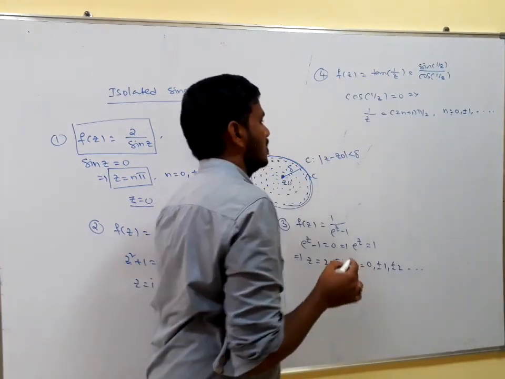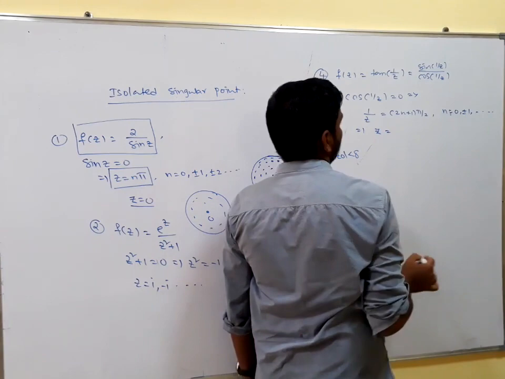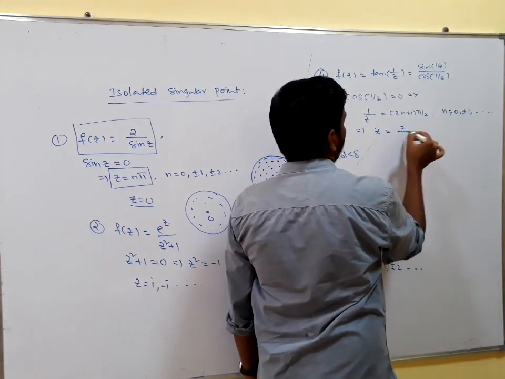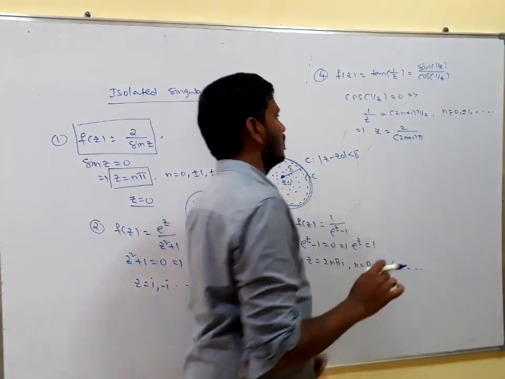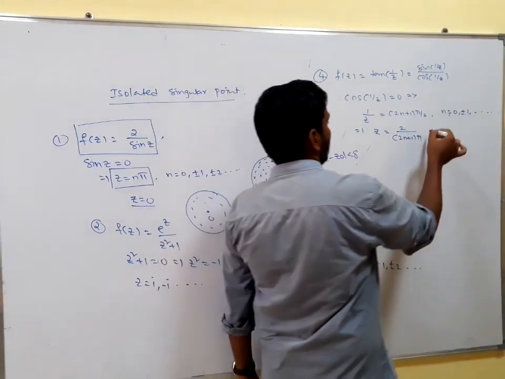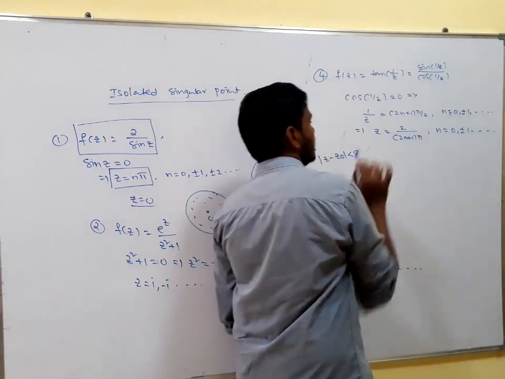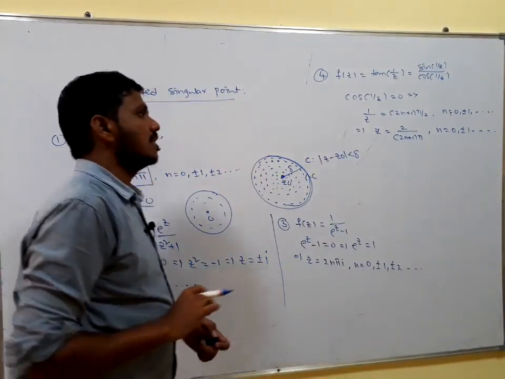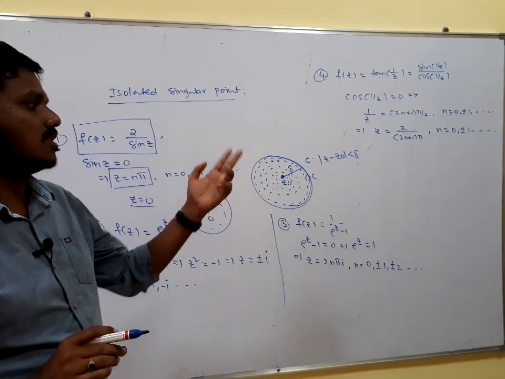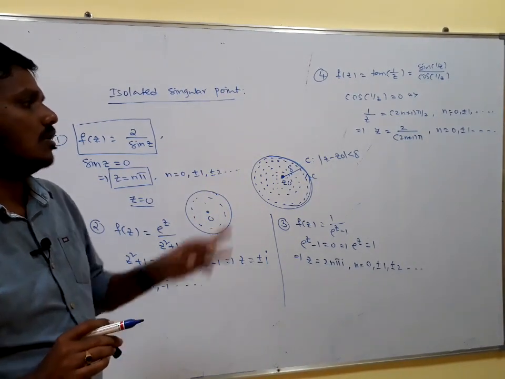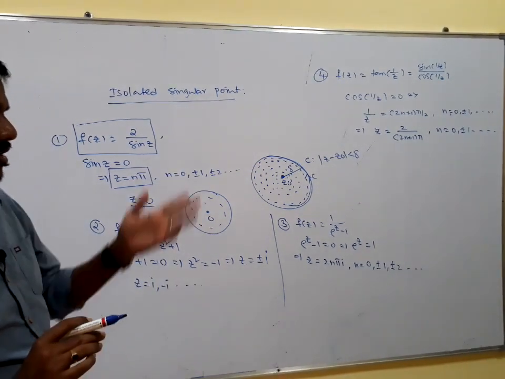That means z = 2 divided by (2n + 1)π. The function f(z) = tan(1 by z) has an infinite number of singular points, which are z = 2 divided by (2n + 1)π, n = 0, ±1, and so on.